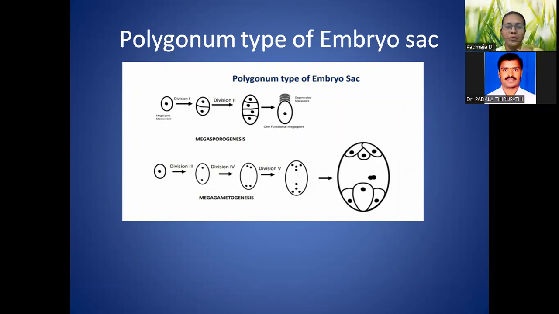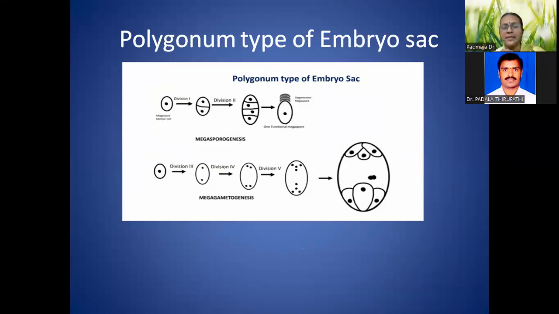Of these 4 nuclei, if you see the diagram, the chalazal one is the functional megaspore, and the upper 3 are disintegrating. The functional megaspore will contain the haploid nucleus. The diagram itself shows that the megaspore mother cell undergoes meiosis. As a result, 4 megaspores are formed, and by the wall formation we are clearly seeing that there.